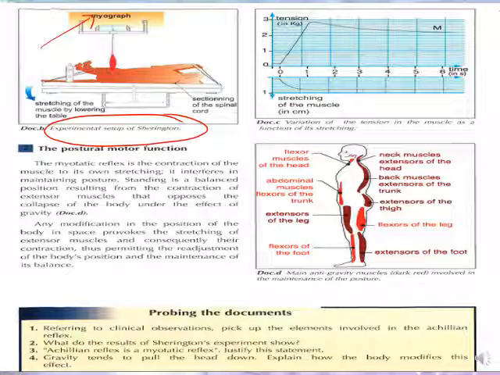In the absence of stretching, the muscle shows slight tension, which is approximately 0.2 kilograms. So this means that there is a presence of muscular tonicity.